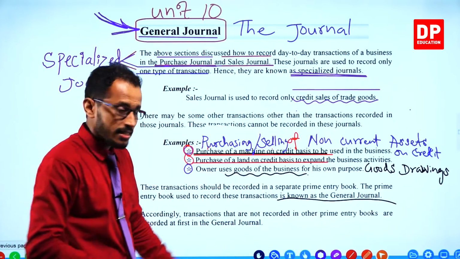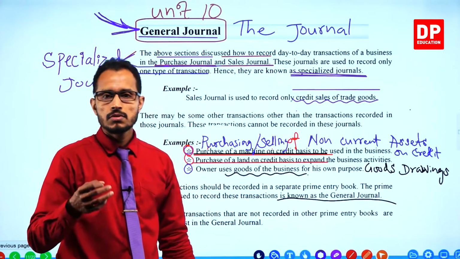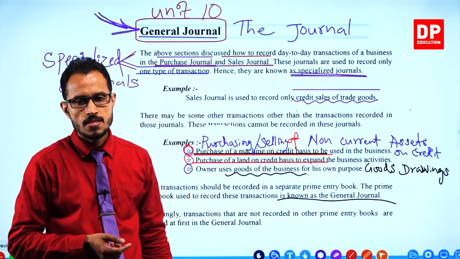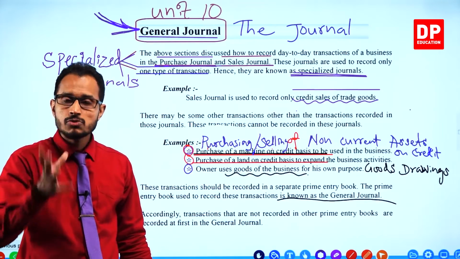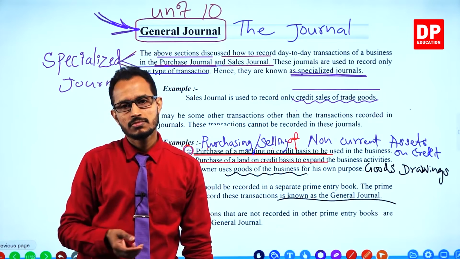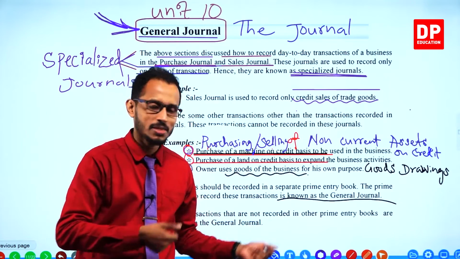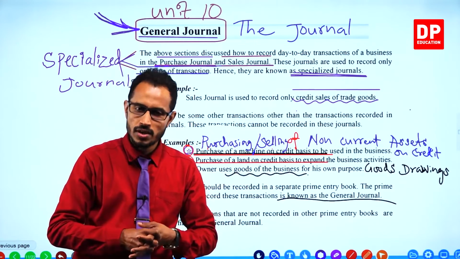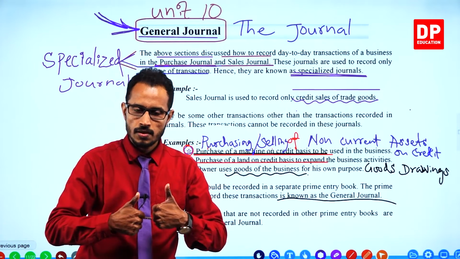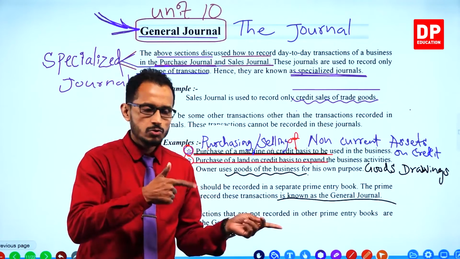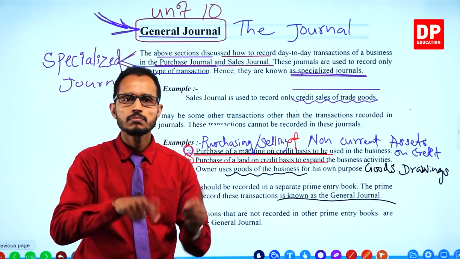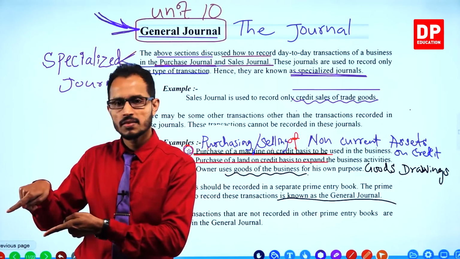For credit sales, a separate book called the Sales Journal. For cash transactions, a separate book called Cash Book. For bank transactions, Bank Book. Record all the transactions related to those in the relevant books then and there.